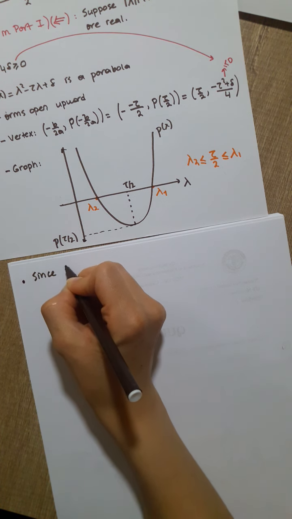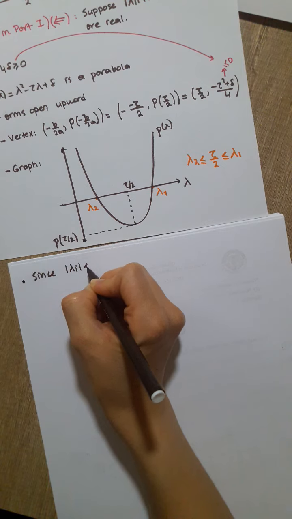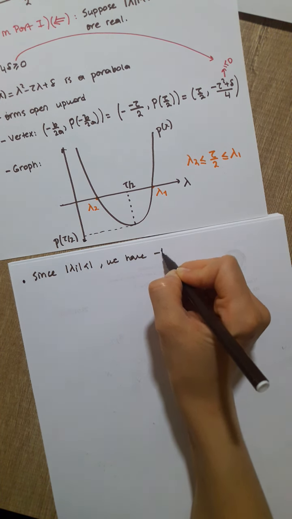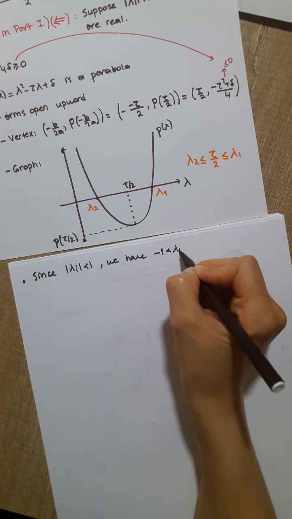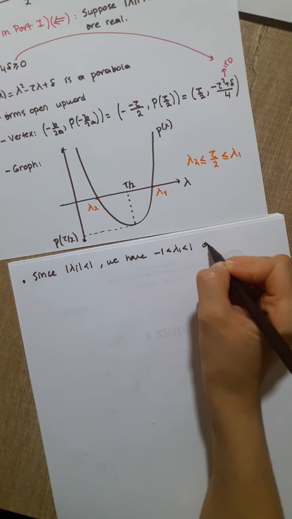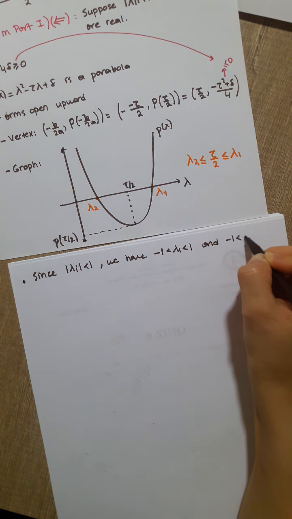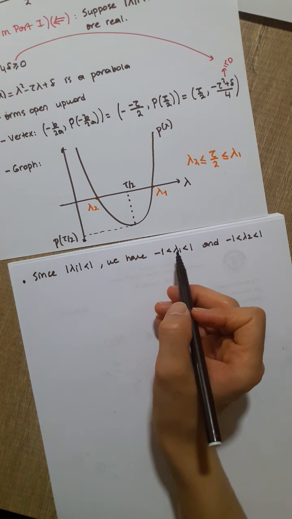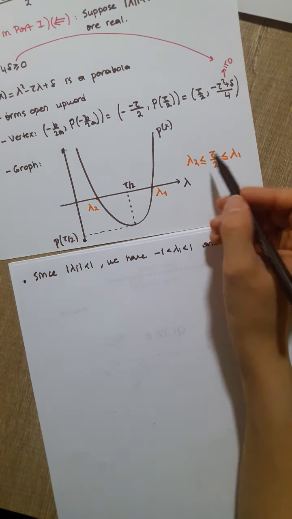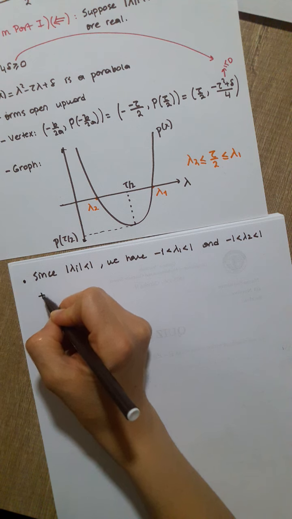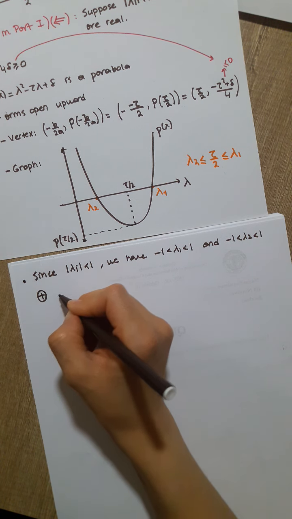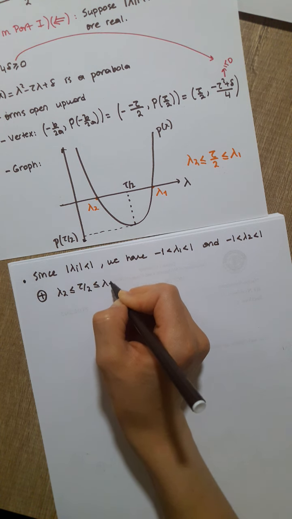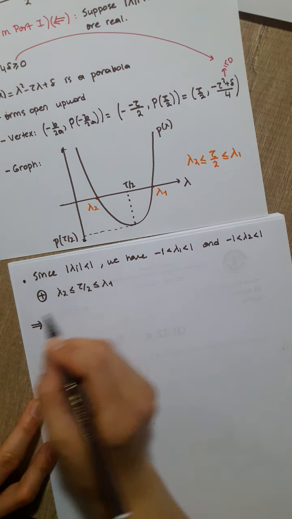Since absolute value of lambda i is less than 1, we have minus 1 is less than lambda 1 and it is less than 1, and minus 1 is less than lambda 2 and it is less than 1. They are real, so because of that we can open it like that. And on the other hand, we know that lambda 2 is less than or equal to tau over 2 and it is less than or equal to lambda 1. So as a result, we have the following.